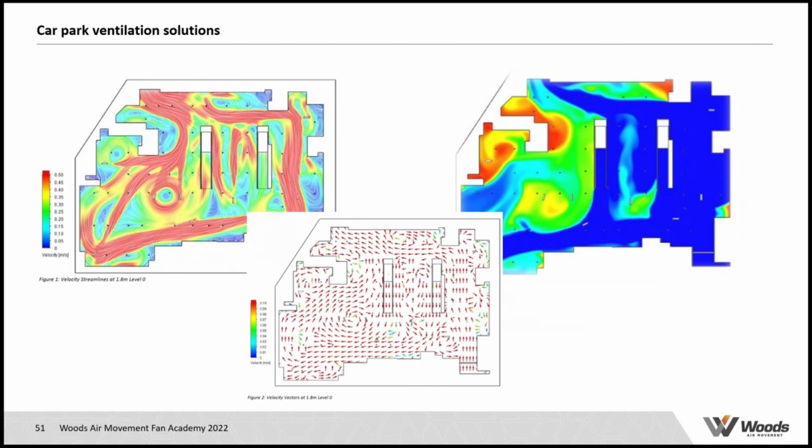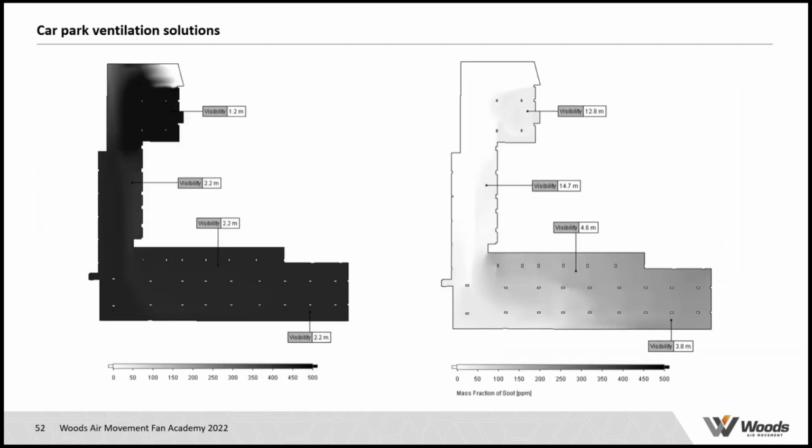Now, just some sample images from full CFD analysis, and we have seen those before. You've got streamlines or velocity contours, but you could also do what we call velocity vectors, which will give us an insight on how that air actually behaves, whether we've got recirculation, for instance.